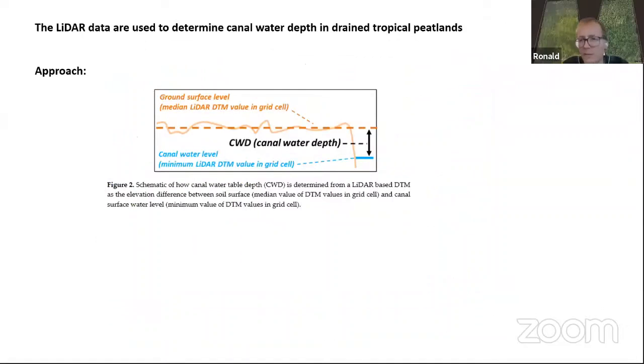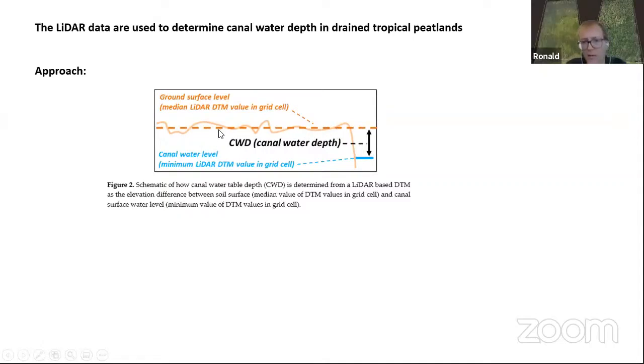This is my near final slides, going into the third paper where we developed a method to derive canal water depths from the same airborne LIDAR data which we have been using to generate the elevation map. And this is the approach.